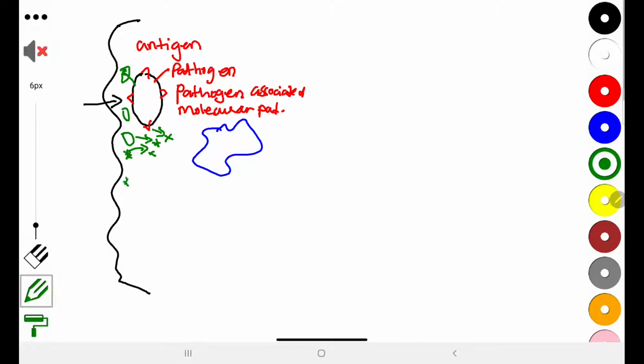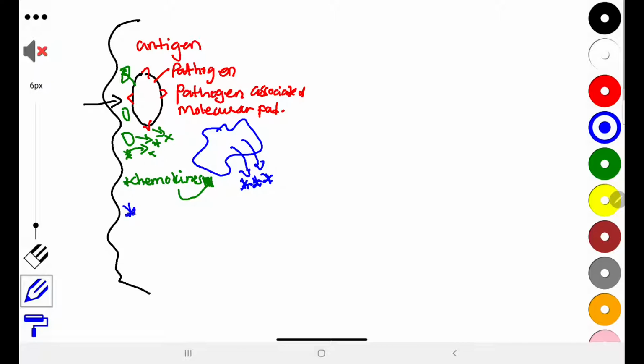All right, so chemokines, and these chemokines, when released into the interstitial fluid, also activate the mast cells. And when they activate the mast cells, then the mast cells release histamine.